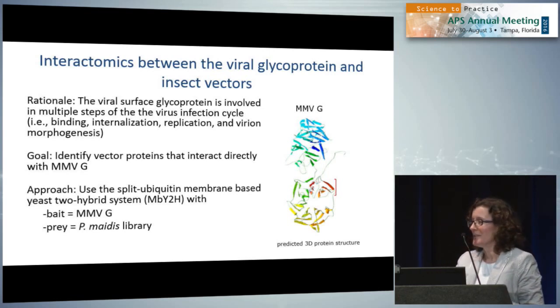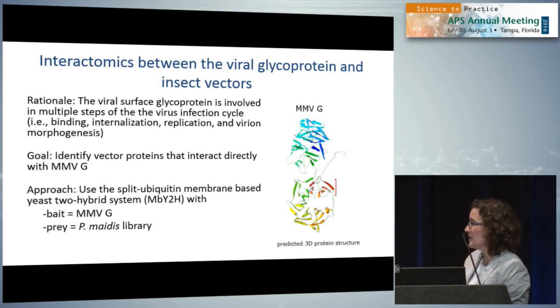We're also interested in interactomics and identifying viral glycoprotein interactions with insect vectors. Our approach with this work is to focus on the glycoprotein of MMV because it's involved in many steps in the virus infection cycle at the cellular and insect whole body level. We're using the split ubiquitin membrane-based yeast two-hybrid system to identify interactions between MMVG and Peregrinus maidis.